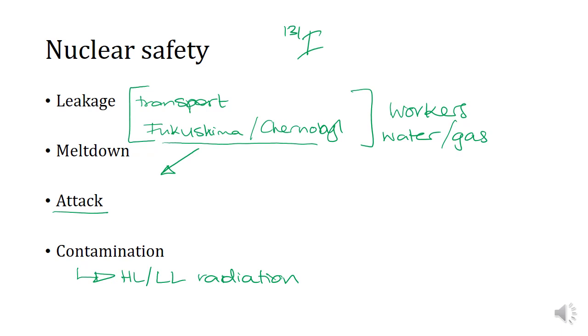Australia is also far more geologically stable than a lot of other parts of the world. So we would be able to store the nuclear waste in a way that's far safer. And also, because we are so geologically stable, we wouldn't have the same issues as was seen in Fukushima.